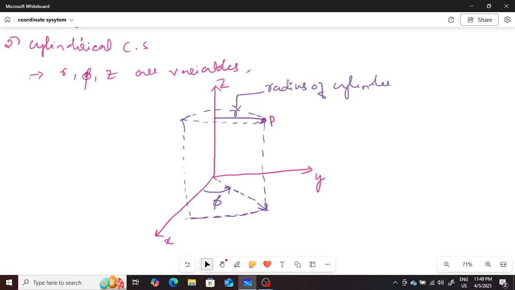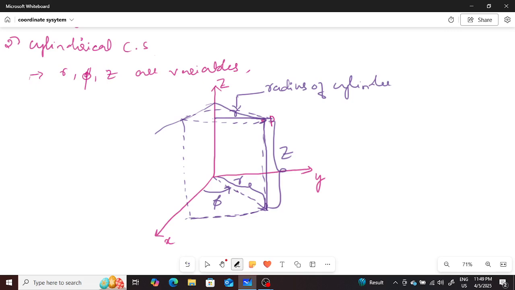And the distance, this is r, and this is z. r, phi, z.